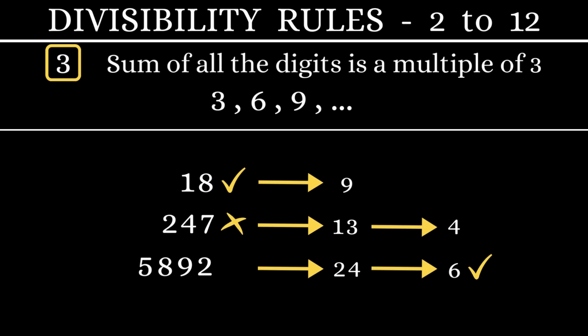That means 5,892 is divisible by 3. Next, we move on to divisibility rules for number 4.